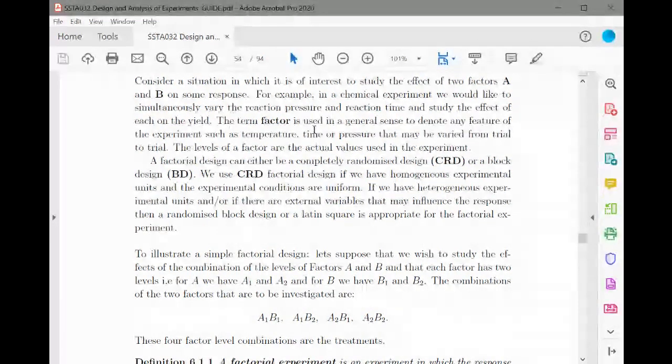Yeah, what I was saying earlier is that for ours we will cover factorial design in the case of CRD.